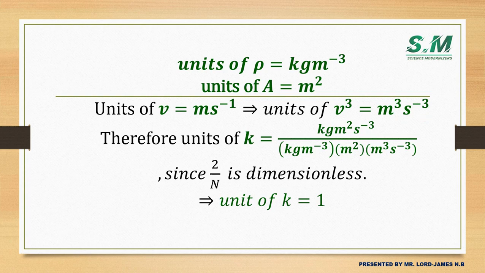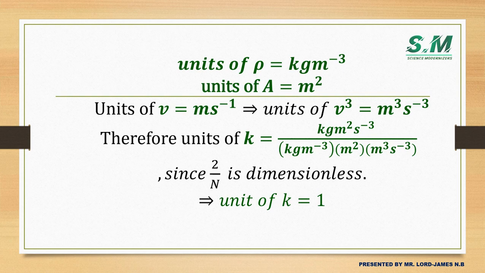So therefore the base unit of K will be 2 times the base unit of E, which was the energy per unit time, divided by the units of density, the units of area, and the units of velocity cubed. But since we know that 2 all over η is dimensionless, that's why they were not included here, so they have unit 1.